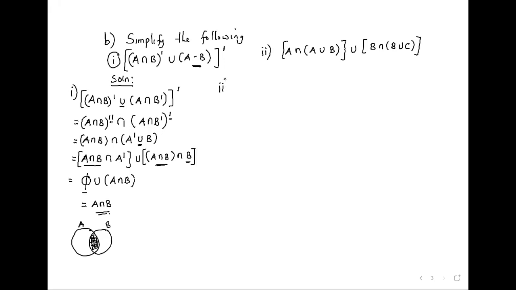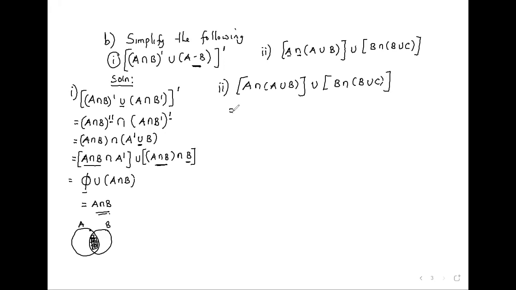Then the second one, again, we're using laws. So you have A intersection (A union B) union (B intersection B union C).